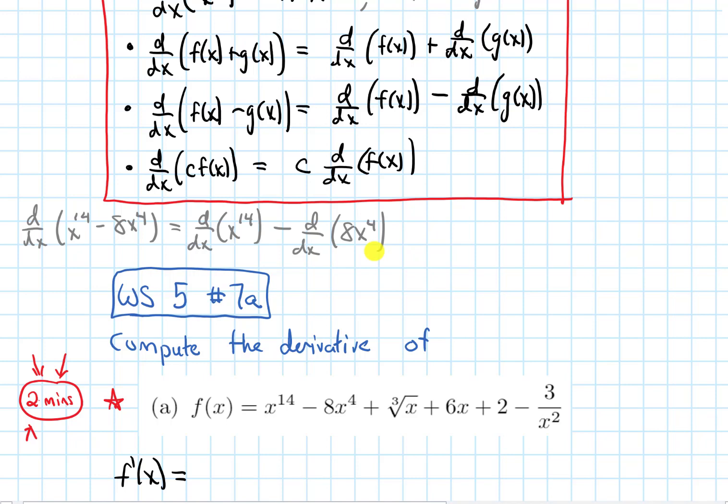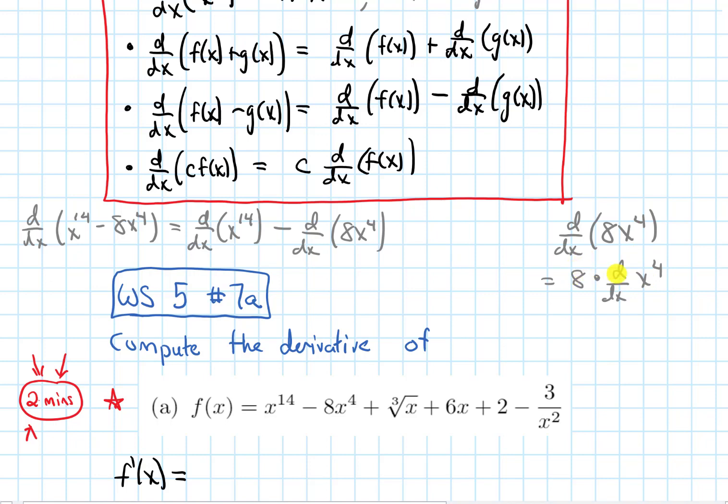And similarly, because 8 is a constant multiplying x to the 4, the last rule says just pull the 8 out in front and then do the derivative of x to the 4, and then multiply that by the 8.